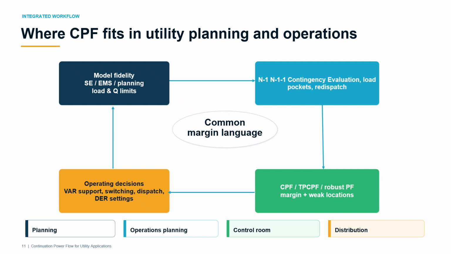CPF produces margin and weak location information, which can then support operating decisions such as VAR support, switching, dispatch, voltage schedules, and DER settings. This value is a common margin language across utility groups. For example, planning, operations planning, within the control room, and within your distribution network.